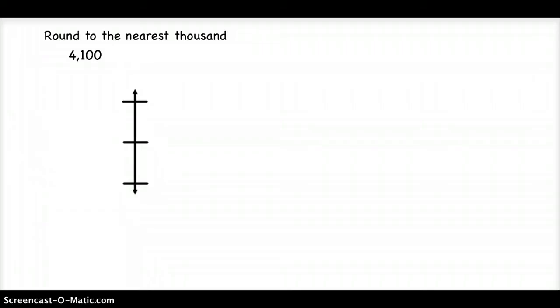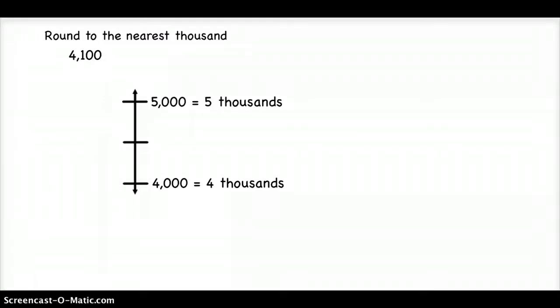When given the problem of rounding to the nearest thousand, let's take a look at the number 4,100. The first thing we need to look at is how many thousands we're working with. In this case, we're working with 4,000. If we add another 1,000 to find out what the next 1,000 would be, the next 1,000 is 5,000.